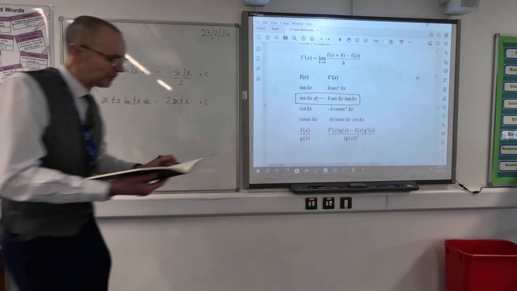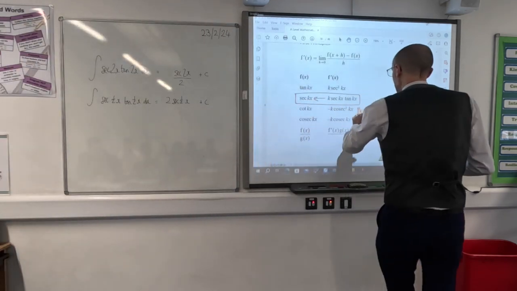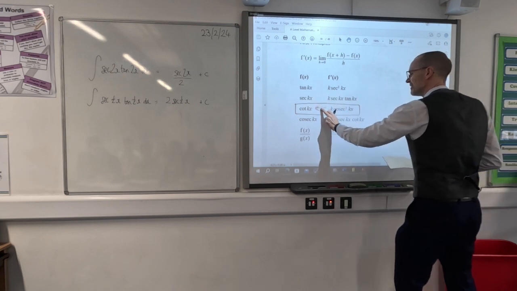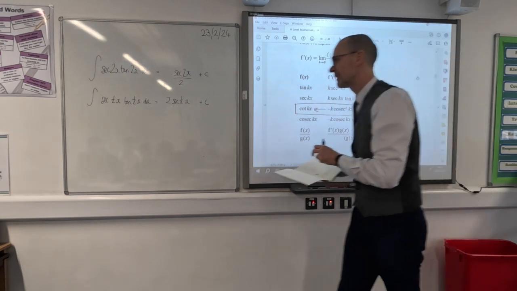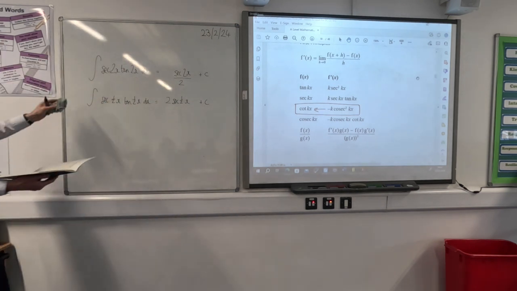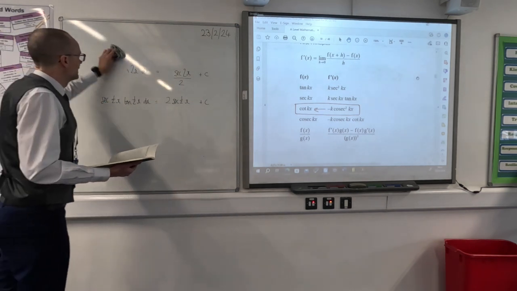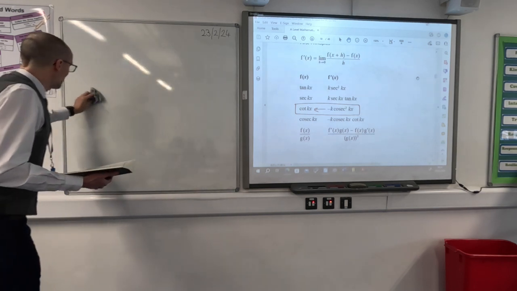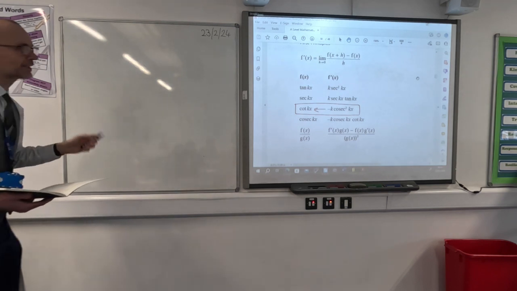Okay? The second one is, am I going to be able to do this? Yes, look at that. And it's, unsurprisingly, very, very similar. Remember, integrating at the bottom of page 6, we're going from right to left.